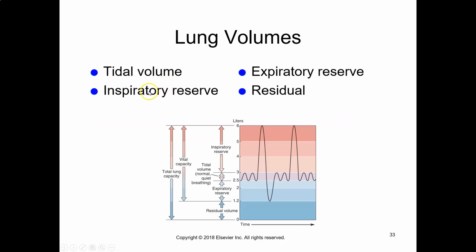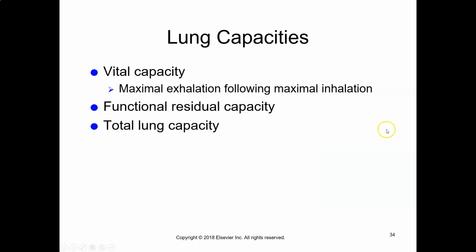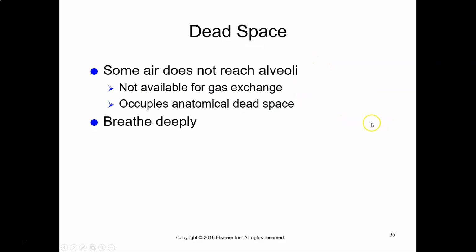We talk about tidal volume, inspiratory reserve, expiratory reserve, and residual volume. You'll hear more about that. Normal quiet breathing has a range, and especially if you're working where a patient is on a ventilator, in ICU, you're going to talk about vital capacity, tidal volume, total lung capacity, etc. Some air never reaches the alveoli, and that's called dead space.